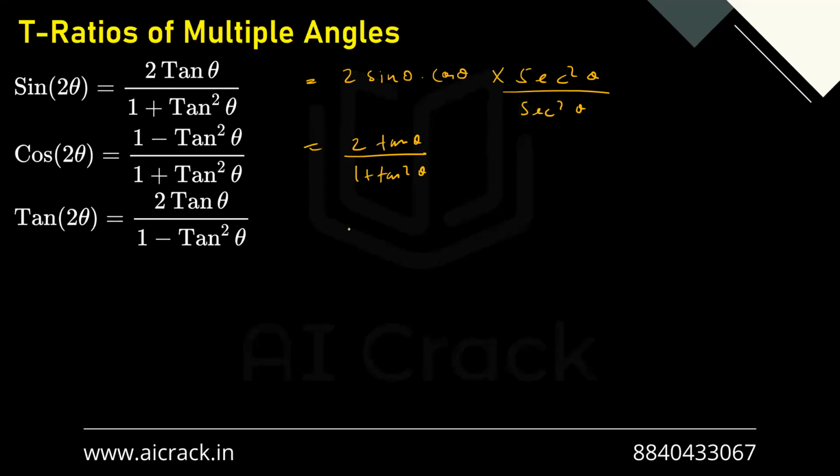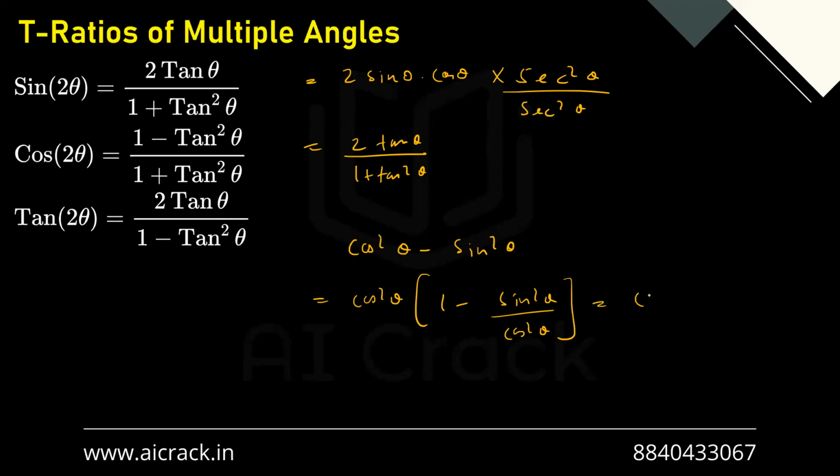Similarly, in case of cos 2 theta, we have cos square theta minus sine square theta. What we can do is take out cos square as common. This becomes 1 minus sine square theta divided by cos square theta. I can write cos square theta as 1 by sec square theta, and this becomes 1 minus tan square theta.